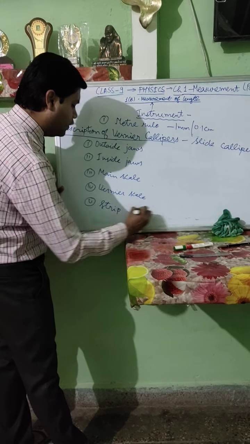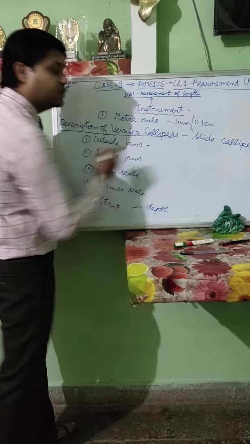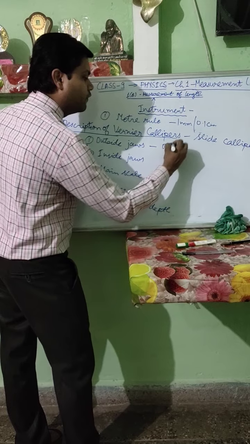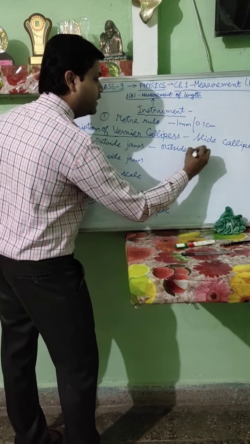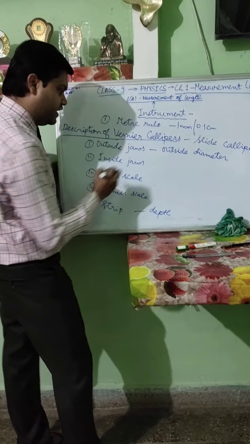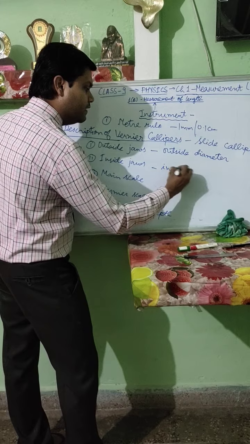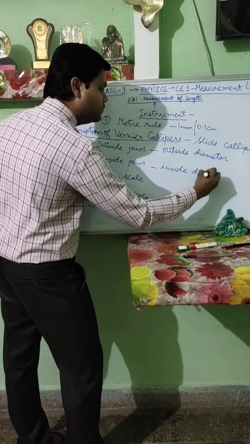Strip is used for finding out the depth of a bottle or anything. Outside jaws are used for measuring the outside diameter or length of an object. Inside jaws are used for finding out the inside diameter of objects.